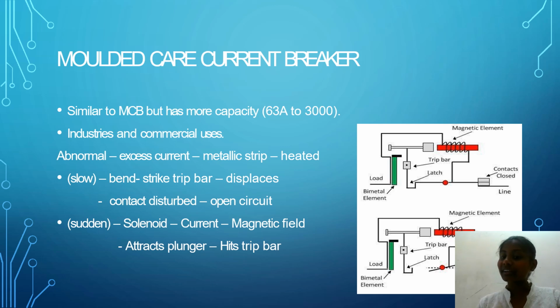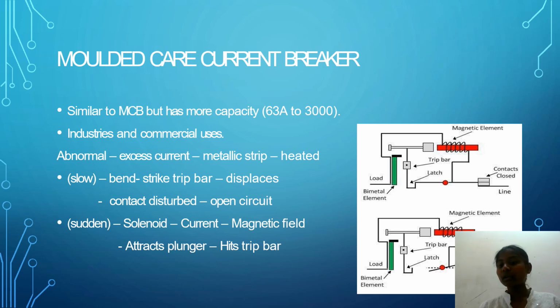The plunger is attracted towards the magnetic field, so the plunger is disturbed and the trip bar is also disturbed through the plunger. Again the connection is broken and the closed contact results in an open contact. So this is the working principle of a molded case circuit breaker.